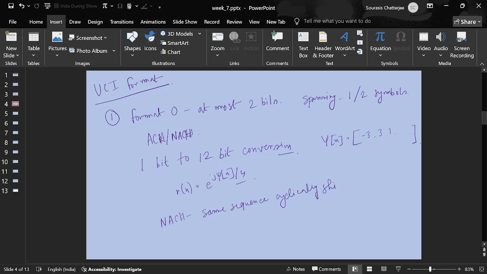And then do I have to do some kind of QPSK, any modulation scheme that needs to be applied on top of that?